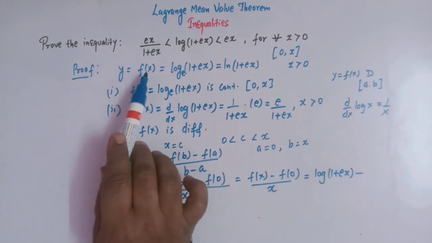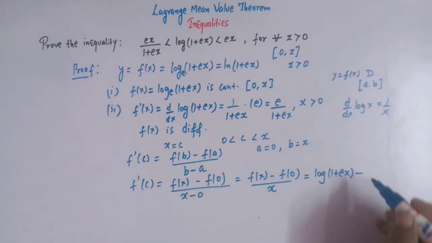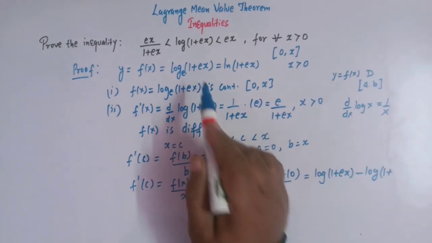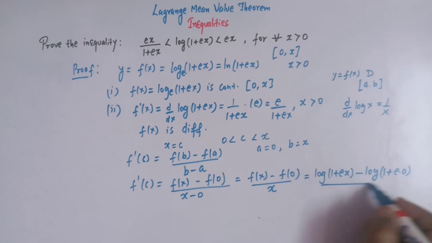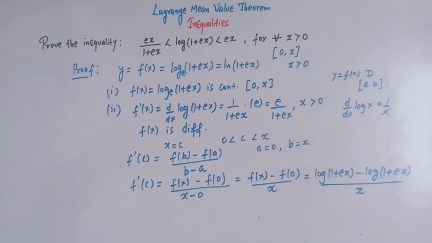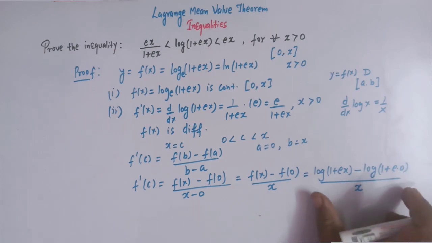So f of 0 can be obtained from this expression by taking x equal to 0. So we have a log of 1 plus e times x, and x is 0, so we have e times 0, and we have here x, right? So now we can simplify this expression.